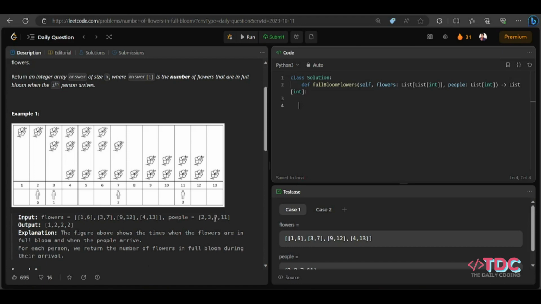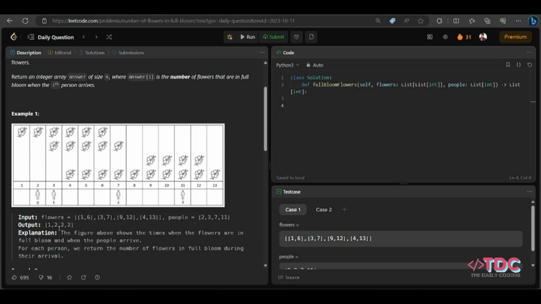Now for the third person, he arrived at time 7, so I will check: is 7 between 1 and 6? No. Is 7 between 3 and 7? Yes. Is 7 between 9 and 12? No, because 9 is greater than 7, so this flower blooms after the person visited. Is 7 between 4 and 13? Yes. So my answer is 2, for 3 to 7 and 4 to 13.